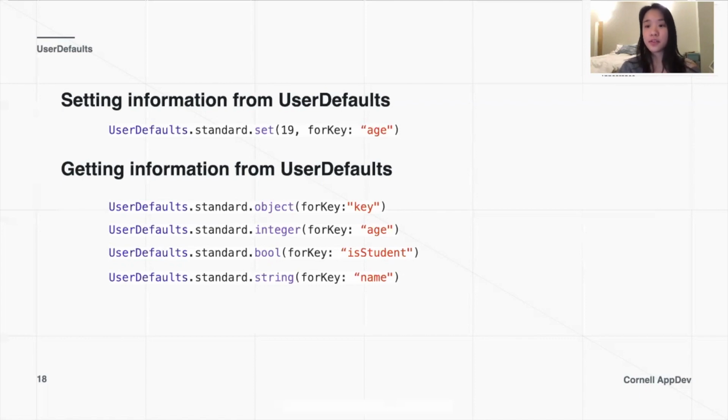Like for example, if you were setting a person's age and getting a person's age, you would know it's an integer, and then you can set and get with an integer. And that will cast the types for you. If you use .object, you'll actually have to cast whatever object you get with the key to the type that you want it to be.